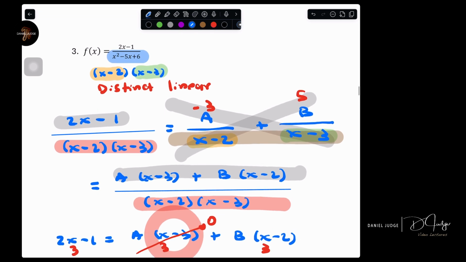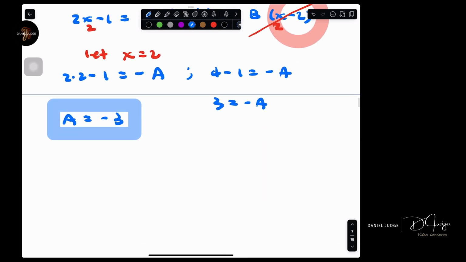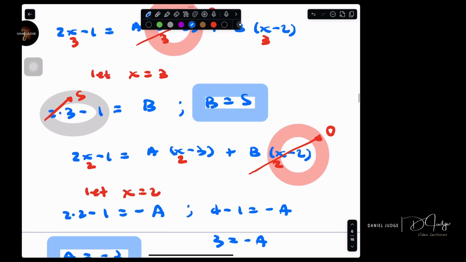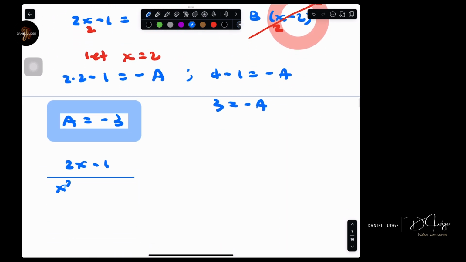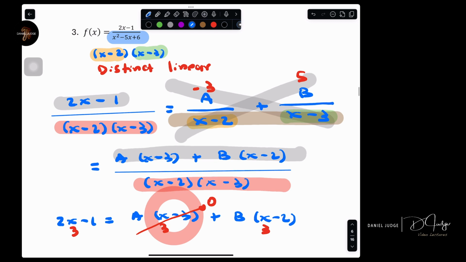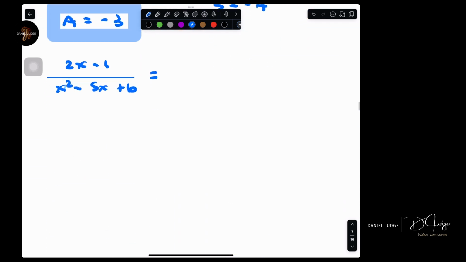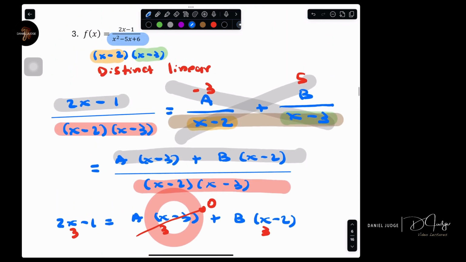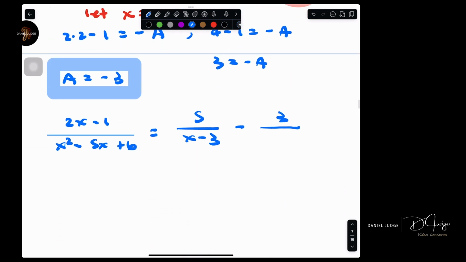So the original function of 2x minus 1 over x squared minus 5x plus 6, if again I write my positive number first, which is 5 over x minus 3, minus 3 over x minus 2.